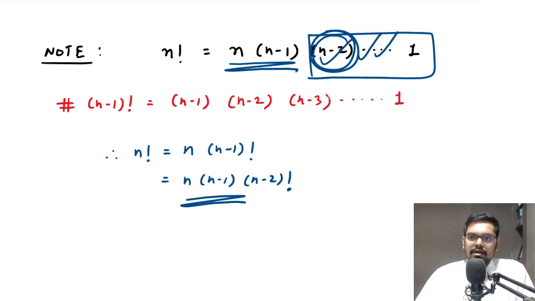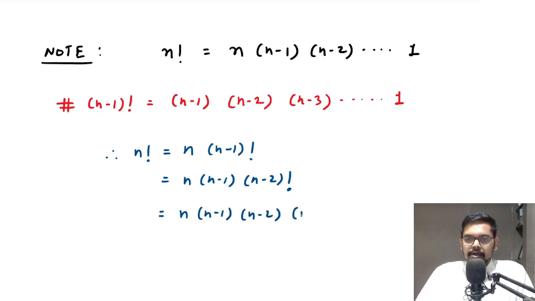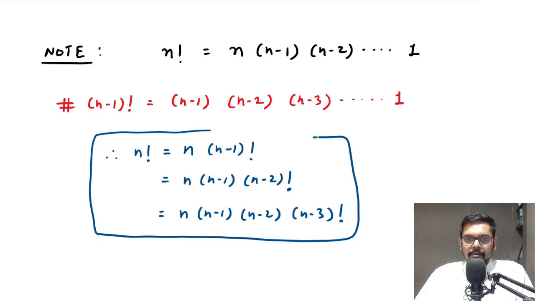So yes, you can replace this box by n minus 2 factorial. If you understood the pattern, it can also be written as n into n minus 1 into n minus 2 into n minus 3 factorial as well. So this was one interesting pattern about the n factorial expansion.